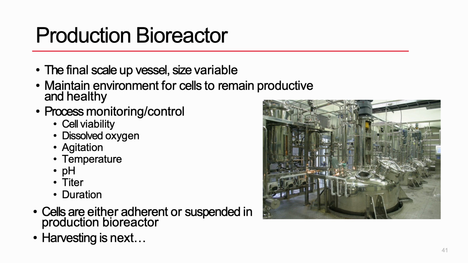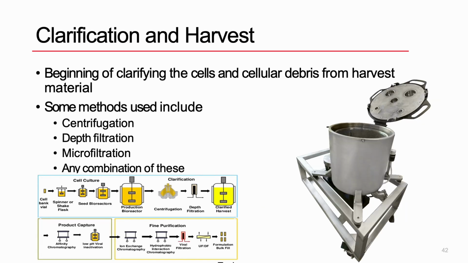So cells are either adherent or suspended in the production bioreactor. It will depend again on the cells, but we want the cells to stay alive and produce the product, so that we'll be able to harvest. And harvesting is the next step in this manufacturing process, where we begin the clarification of the harvest.